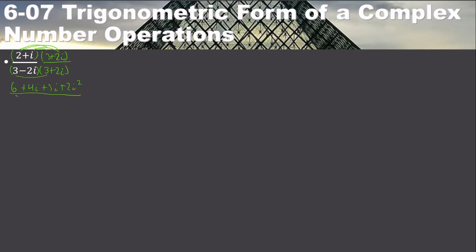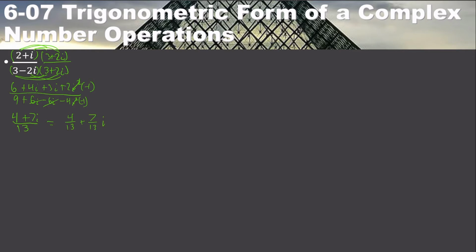The bottom, I have 3 times 3, 3 times 2i, negative 2i times 3, negative 2i times 2i would be negative 4i squared. i squared is negative 1, so on the top it looks like I have 6 and negative 2, and then 7i. On the bottom, i squared is negative 1, so it looks like I have 9 plus 4 is 13, and those cancel out, so I have 4 13ths plus 7 over 13 i.